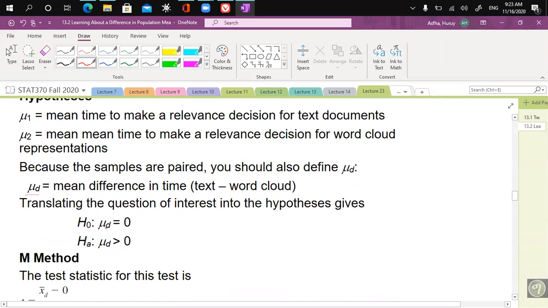The null hypothesis is mu d equals 0, and the alternate hypothesis is mu d greater than 0. In this case, if it is positive, it means it takes them longer for the text version to make a relevance decision.